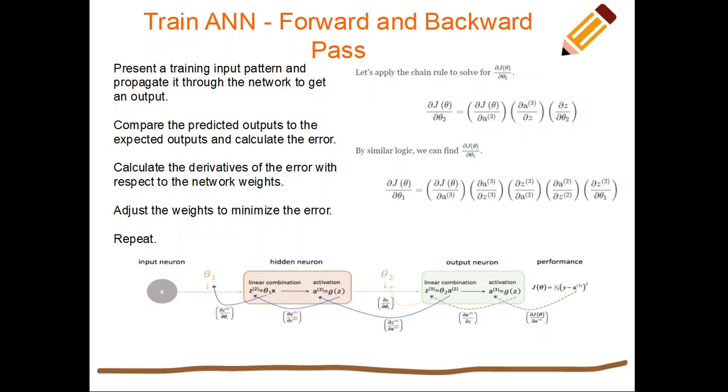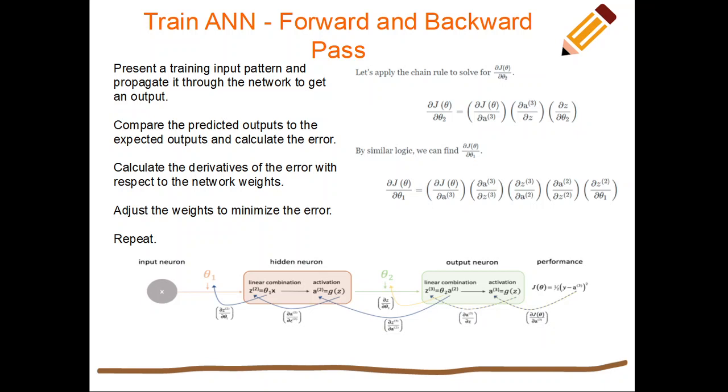In the forward pass, we give a batch of input data to the model, and the loss between the predicted values and the labels is calculated. In the backward pass, the derivatives of the loss with respect to the weights are calculated, and the weights are updated. This whole process is called the backpropagation algorithm.